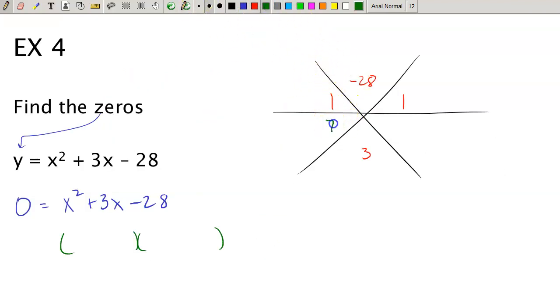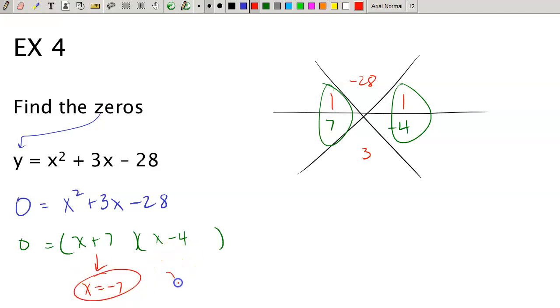It's the same thing. 7 and 4. We're going to make 4 negative. And there's my factoring, right? So it's the same problem. Find the zeros. If I factor that, I get x plus 7, and I get x minus 4. That is equal to 0. So the zeros of this problem are x equals negative 7 and x equals 4.